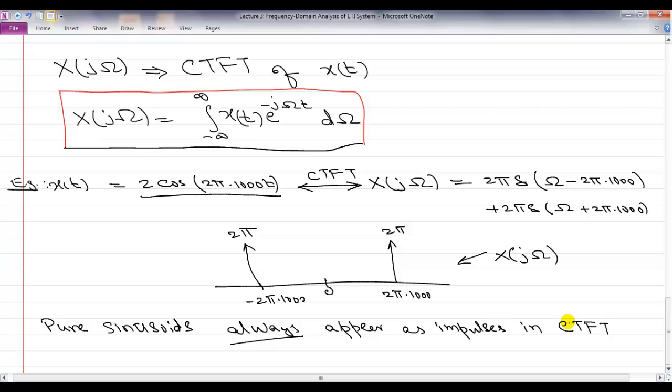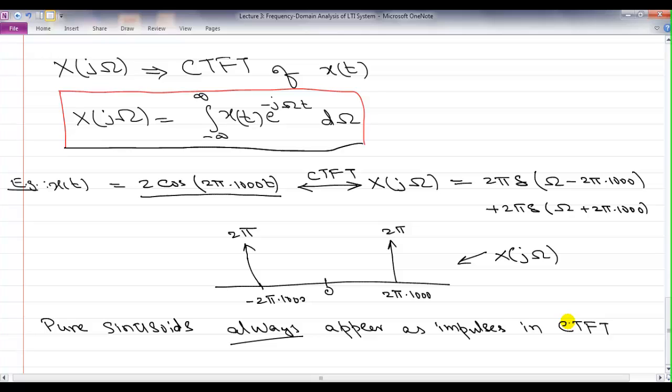So this helps us understand what the Fourier transform tells us about signals.